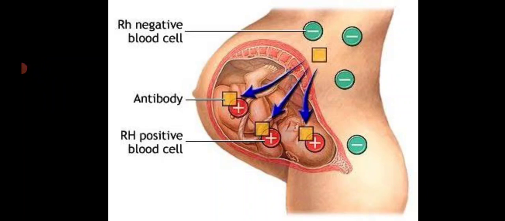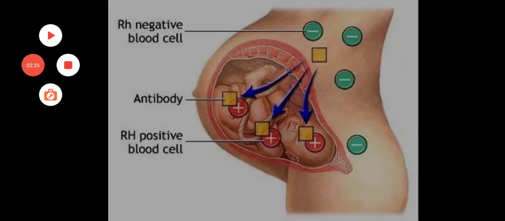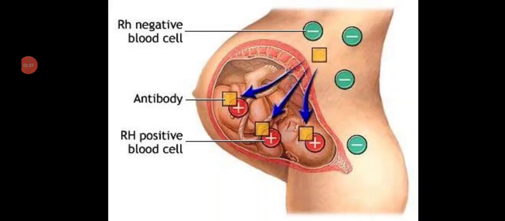If the mother is Rh negative and the father is Rh positive, or we can say when an Rh negative woman is married to an Rh positive man, if the woman becomes pregnant, the fetus may be Rh positive.